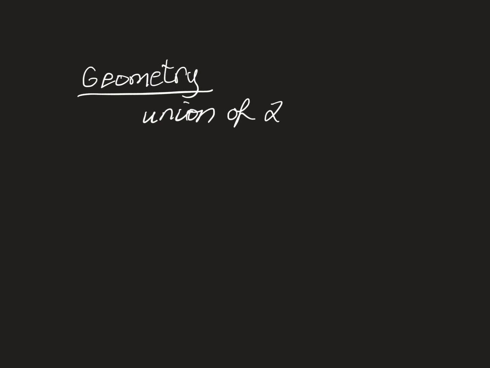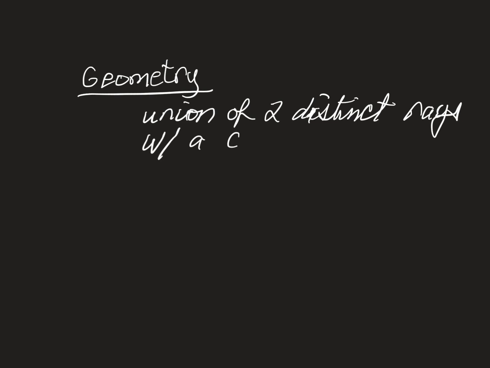So the first thing we want to do is draw an angle. Now, in geometry, an angle is the union of two rays, okay? It's the union of two distinct rays with a common endpoint.